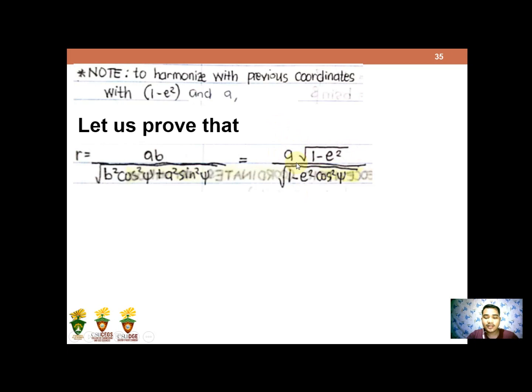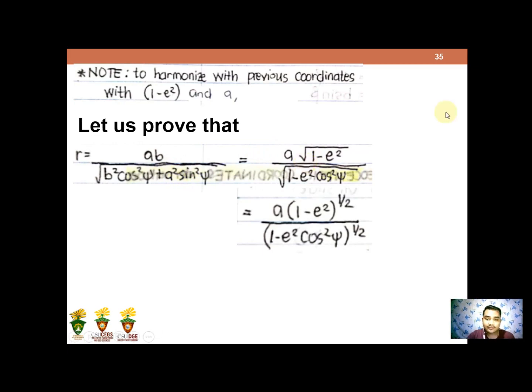I proved whether it is equal to ab over the square root of b squared cosine squared geocentric latitude plus a squared sine squared geocentric latitude. So now let us prove it.